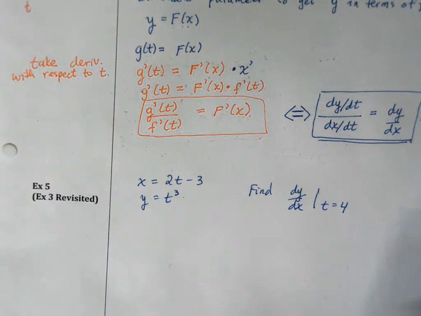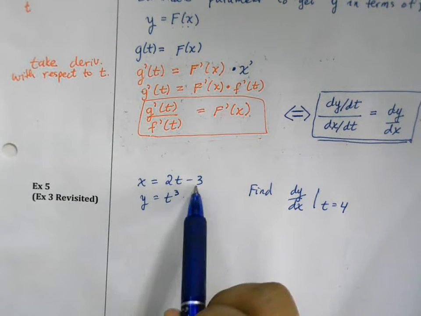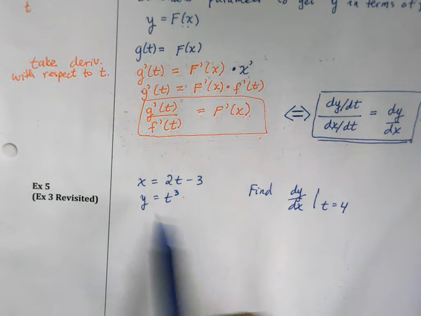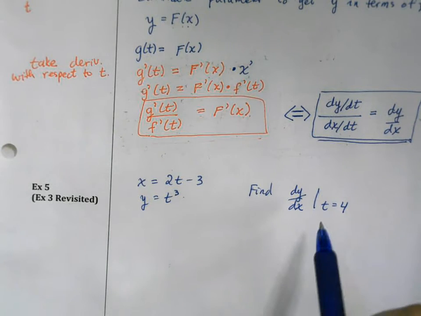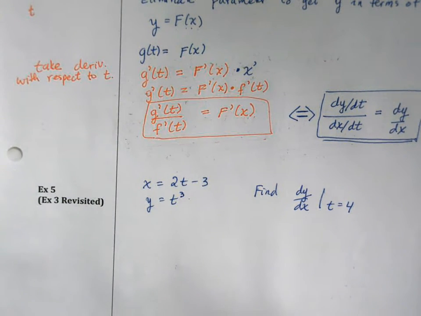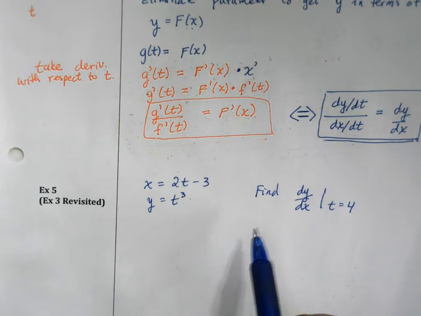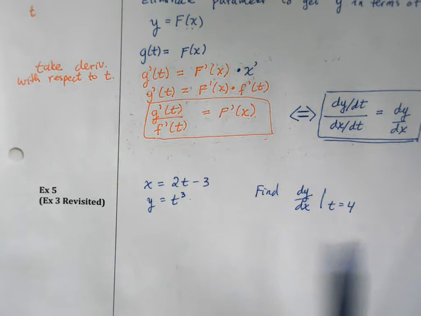Okay, so looking back at example 3 from before, we were asked this question: given x equals 2t minus 3, y equals t cubed, find the change in y over the change in x when t is equal to 4. Last time we had to eliminate the parameter, plug in, do a lot of substitution, but now watch how much simpler this is.